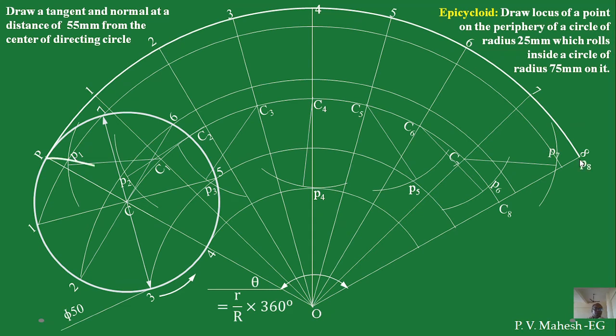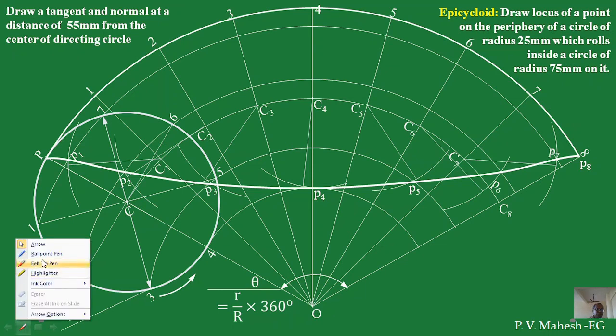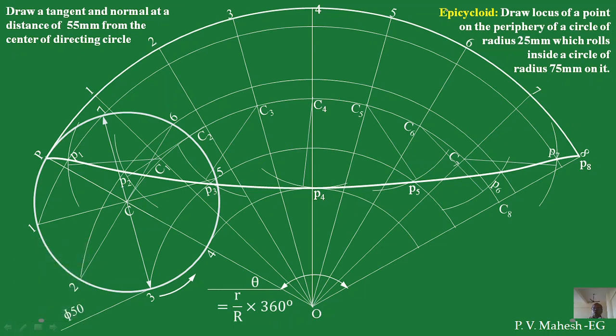If I join all these points, I will get, what is this? This is epicycloid, not epicycloid, mistake here. This is hypocycloid. Since it is rolling inside, it is called hypo.